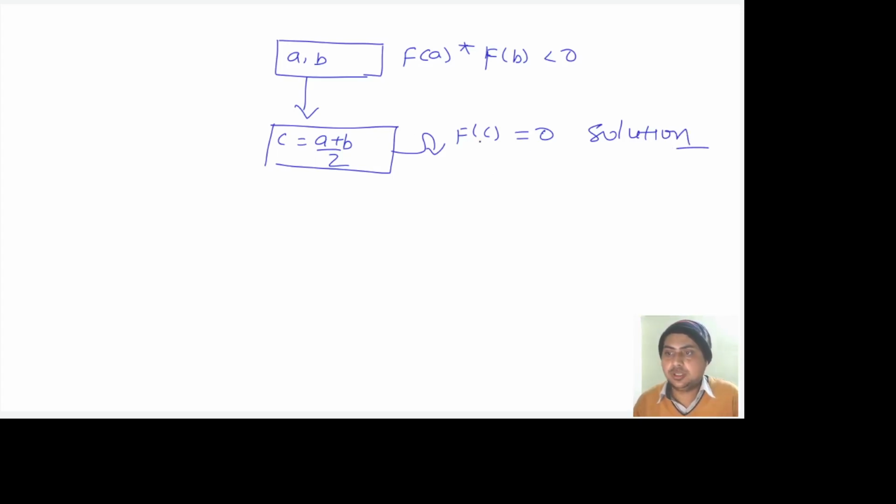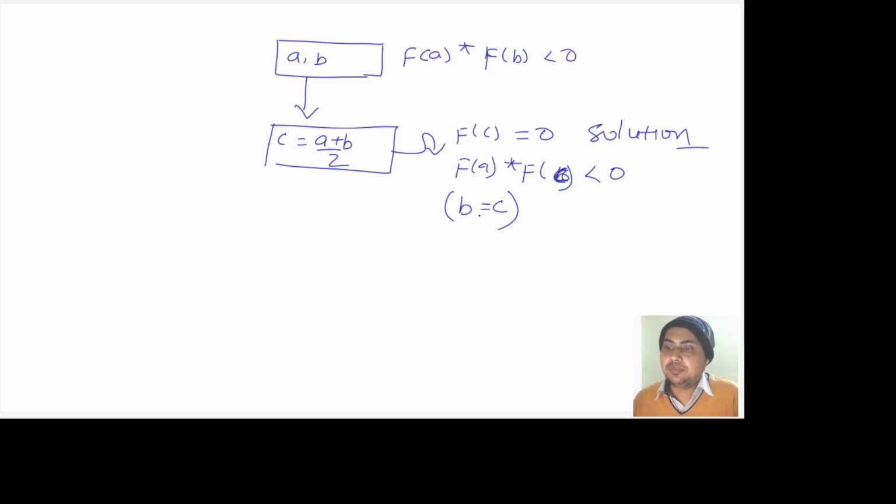If it is not 0, then we calculate the product, and if f of a and f of c product is less than 0, then that means the interval is between a and c, so we need to update b. So b is equal to c. Because every time for the coding we are considering the interval a and b, we will code it this way.